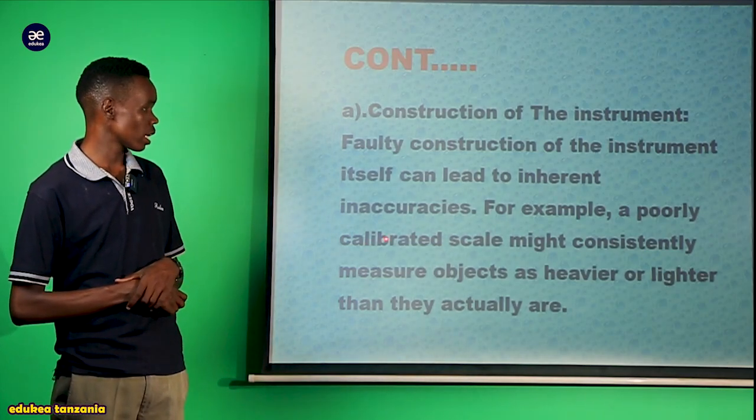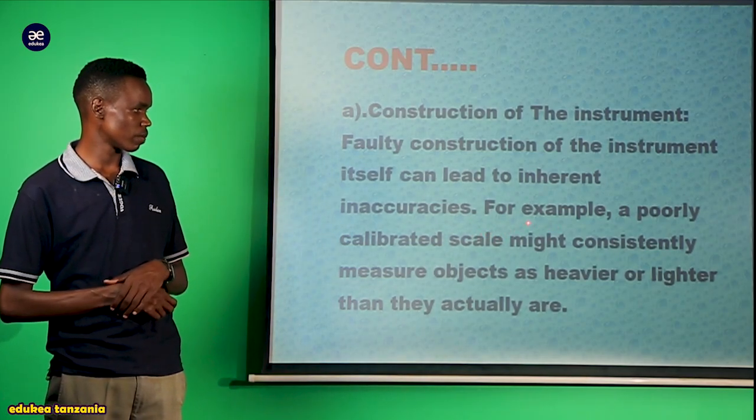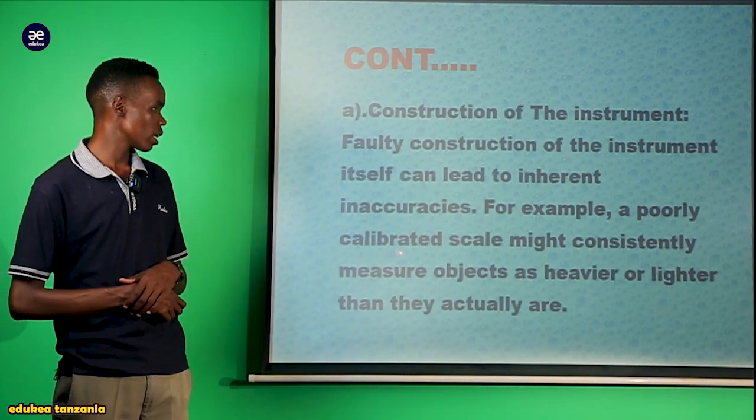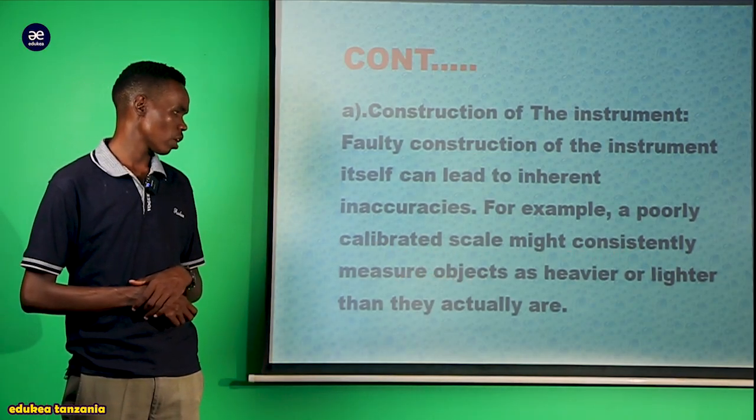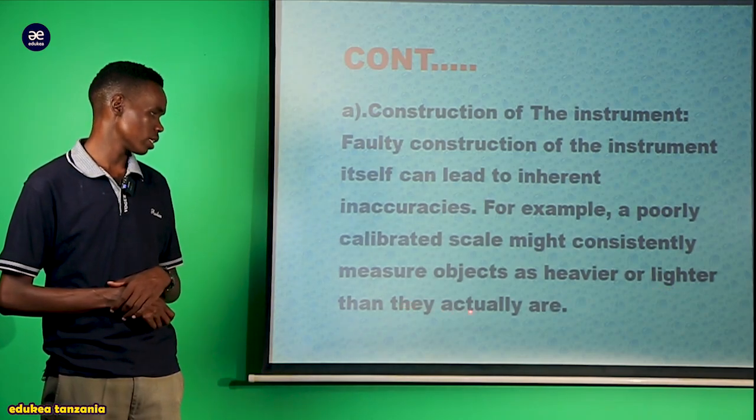Also here, let us proceed with the explanation that, for example, a poorly calibrated scale might show a major object as heavier or lighter than the actual.